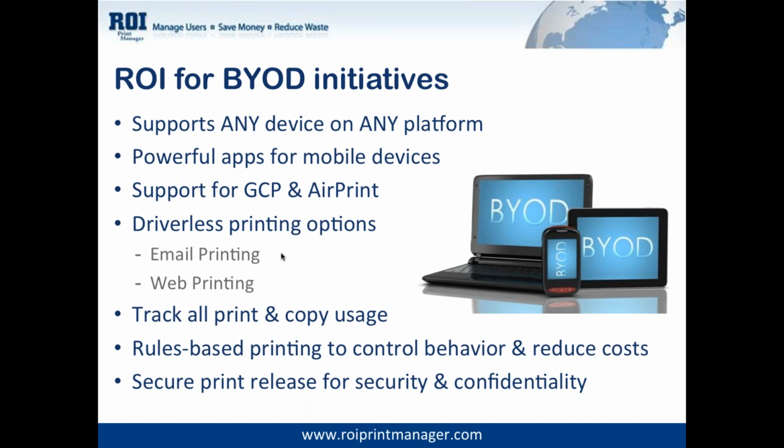So we add value to that, as well as AirPrint. We have some driverless printing options, which we touched on, email printing and web upload. And once we've got the documents within our environments, we're able to track all the print and copy usage. We're able to apply rules, apply quotas, and offer the advanced functionality that ROI has for secure print release and authentication.